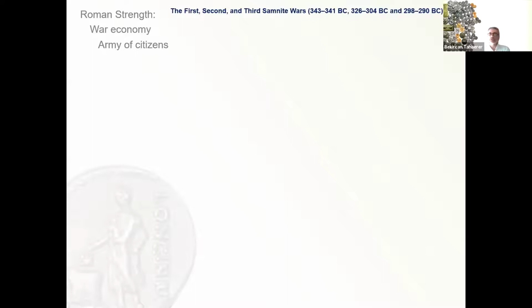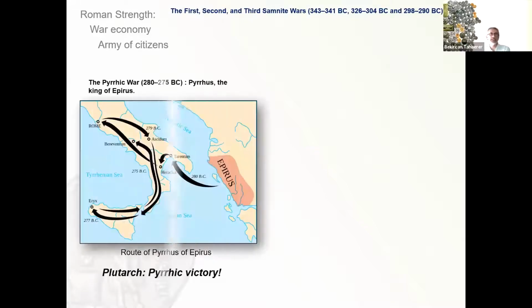They fought so many wars in the 4th and 3rd centuries that they simply turned from the brink of devastation completely, but they somehow persevered and conquered. The 1st, 2nd, and 3rd Samnite Wars, it was a difficult time in the 4th century BC for them, and it continued until the beginning of the 3rd century.